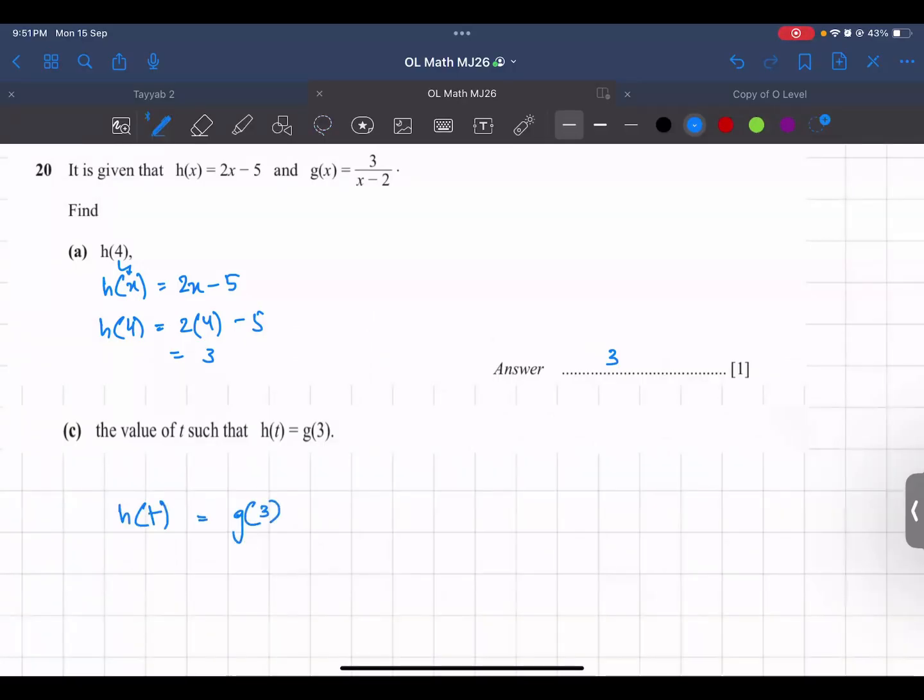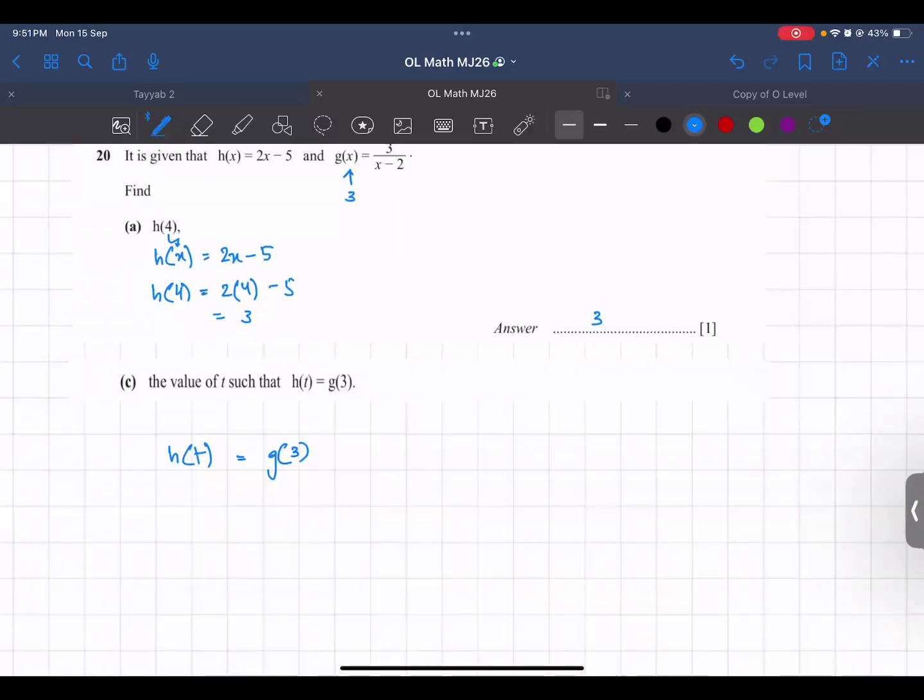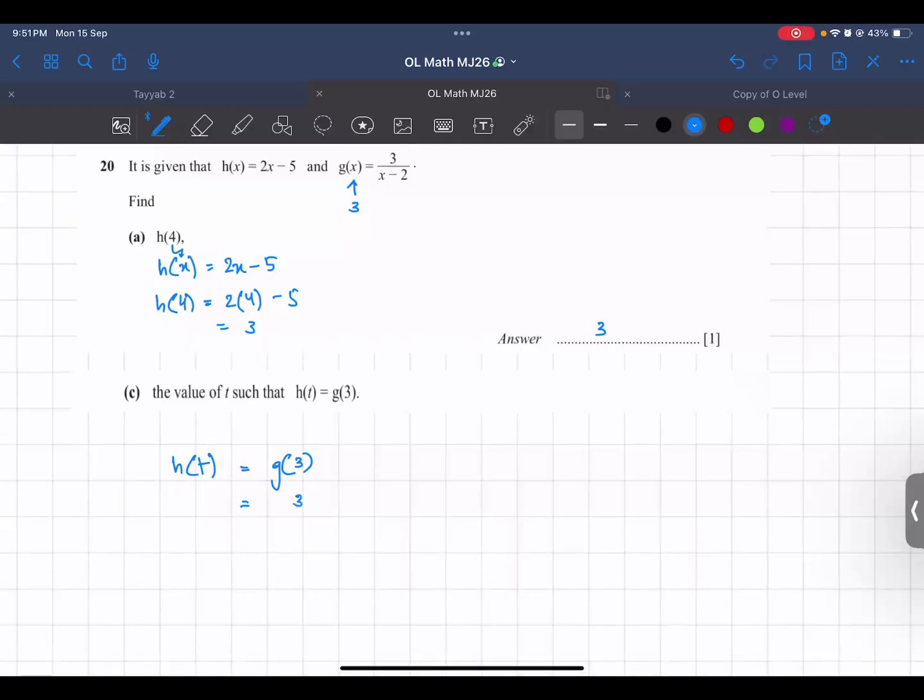G3 means they have just input the value of x as 3, so you can replace it like this: 3 upon 3 minus 2. And ht means they have just replaced the value of x as t: 2t minus 5.